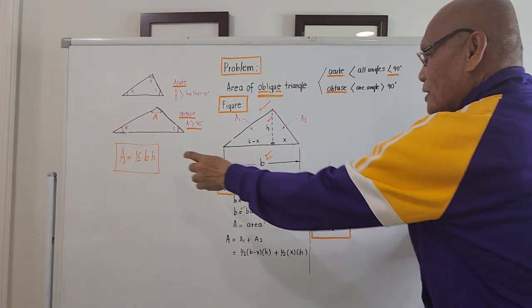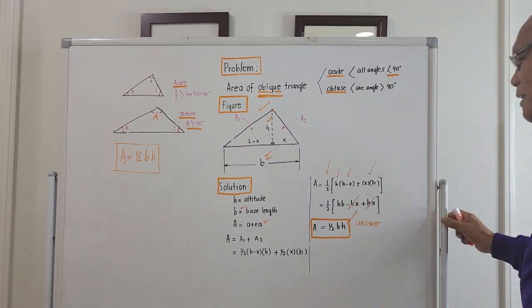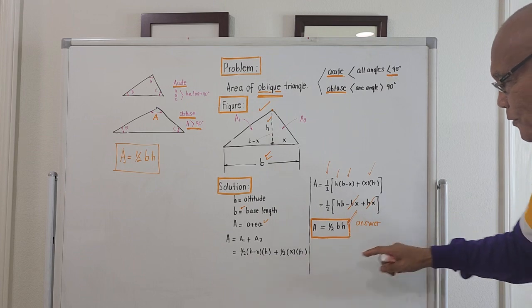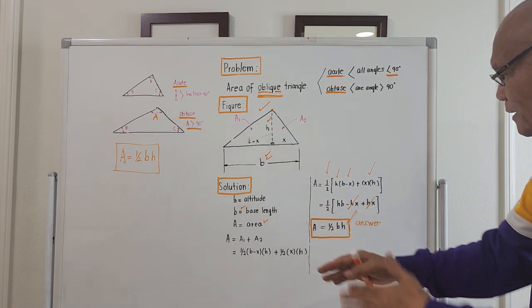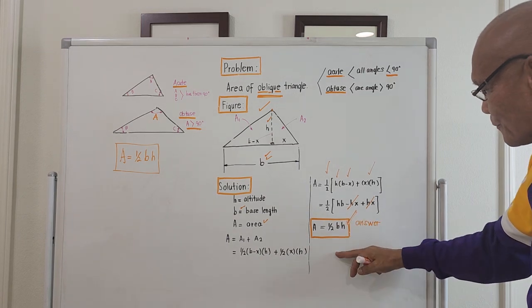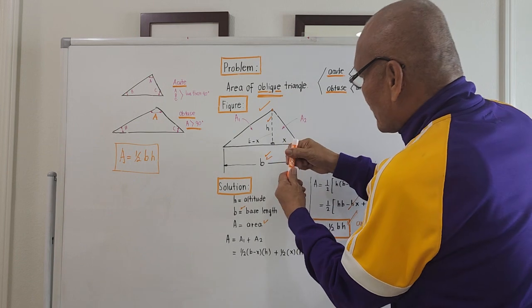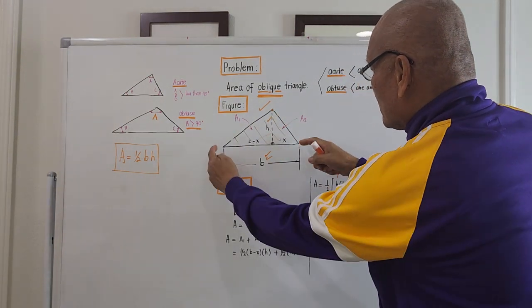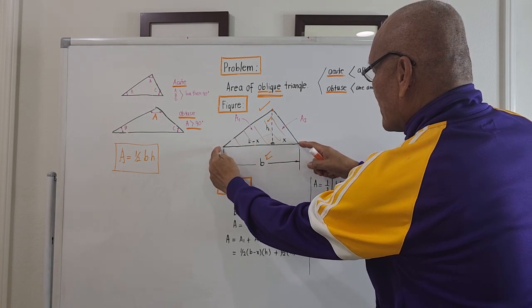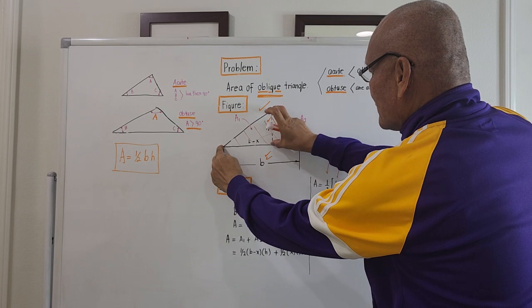It's still the same formula as for a right triangle. But this height here is different from the height of the right triangle, of course. This is just a general formula, meaning it is just a representation that for an oblique triangle, the area will still be 1/2 of the product of the base times height. If you take the total area of this one, it should be 1/2 times base times height.